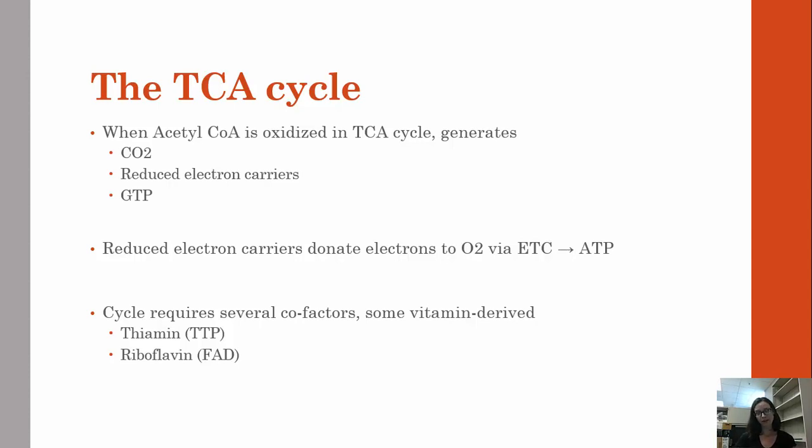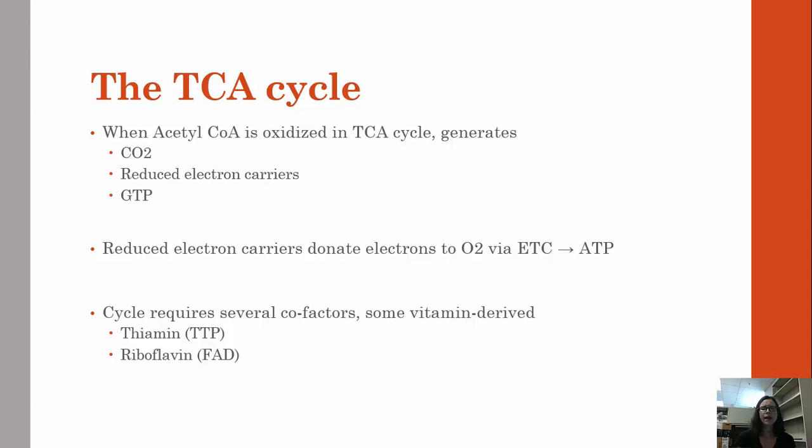The only difference is that GTP undergoes substrate level phosphorylation, so no oxygen is used, but it is a high energy phosphate bond that can be used for work. So again, you might see ATP sometimes, you might see a GTP sometimes. Okay, so the reduced electron carriers donate these electrons ultimately to oxygen via the electron transport chain, and that creates ATP.